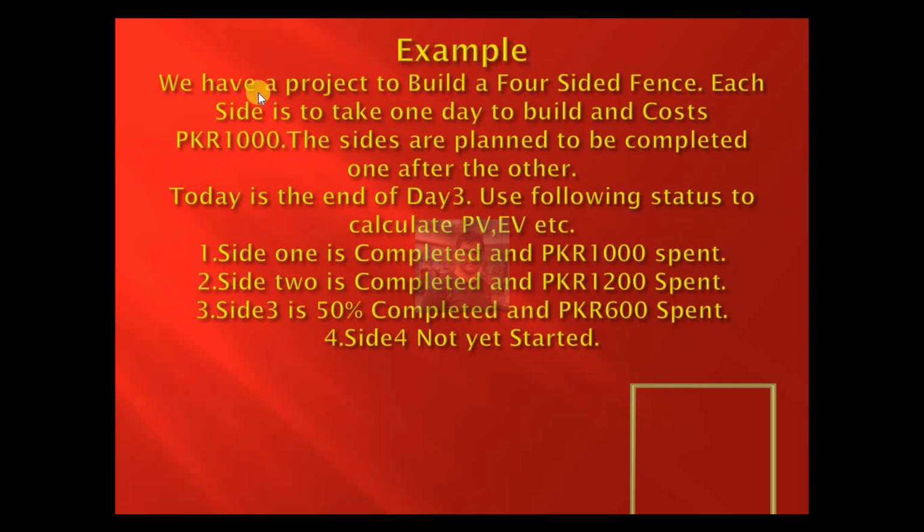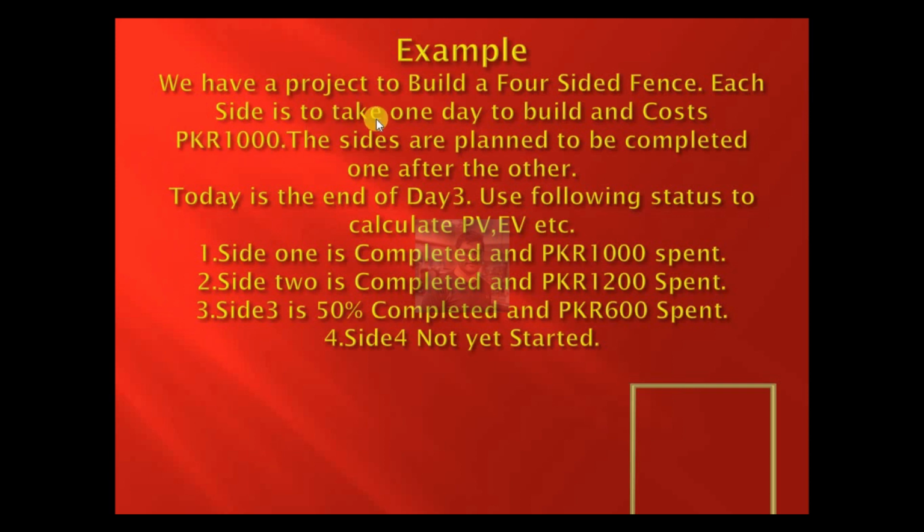So in this example, we have to build a project of a four-sided fence. Each side is to take 1 day to build and cost 1,000. The sides are planned to be completed one after the other. So from these lines we can take data that our project has four sides and each side is taking 1,000 PKR, so our budget at completion will be 4,000.